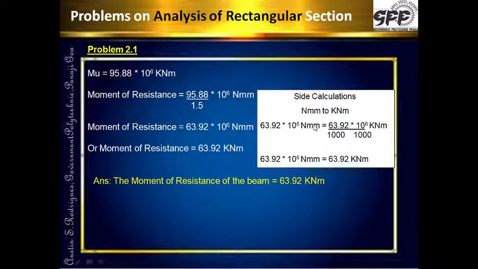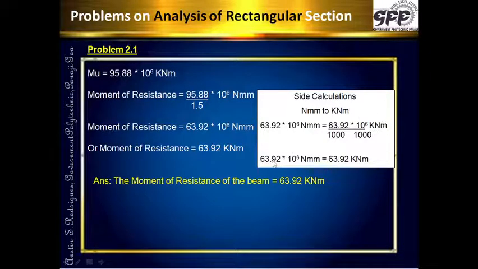Similarly, from millimeter to meter, the value is small over here and becomes larger over here, so we divide by 1000, because 1000 millimeters give me a meter. So 63.92 into 10 raised to 6 will be divided by 1000 to convert from Newton to kilonewton, and again divided by 1000 to convert from millimeter to meter.